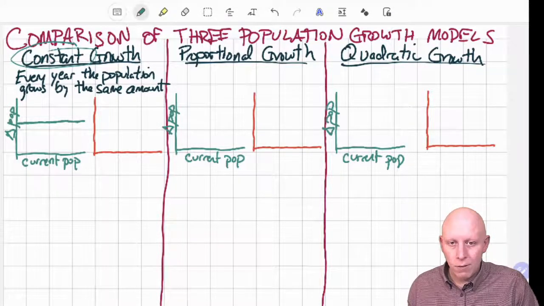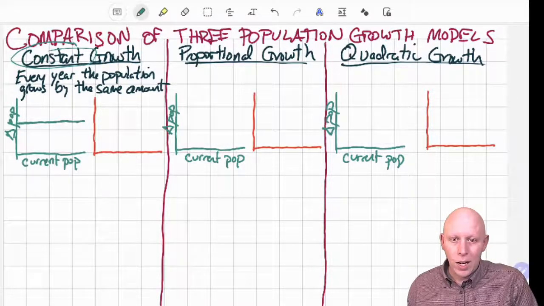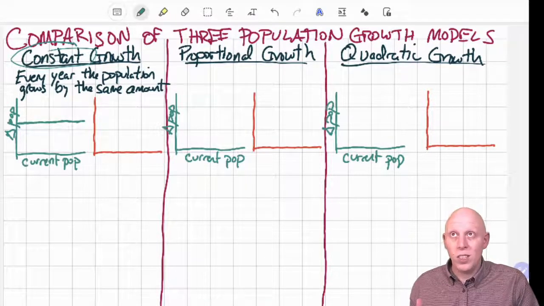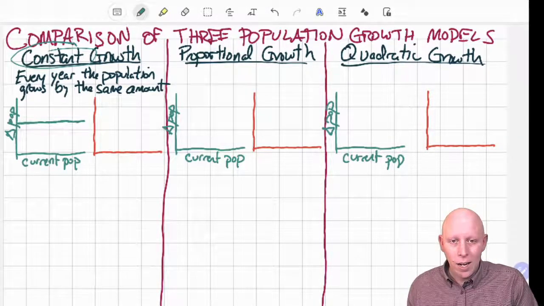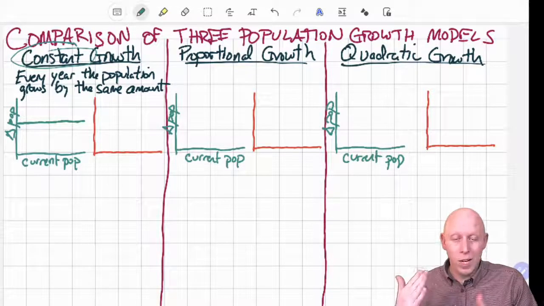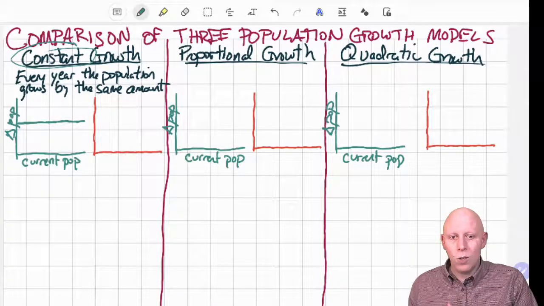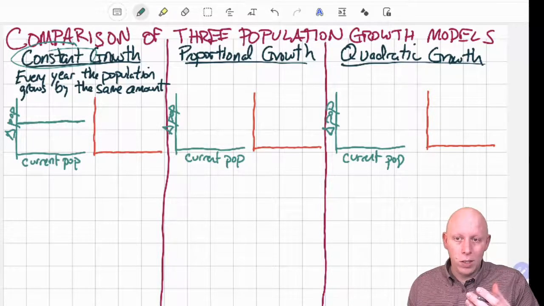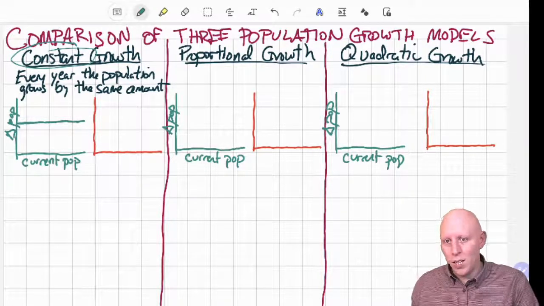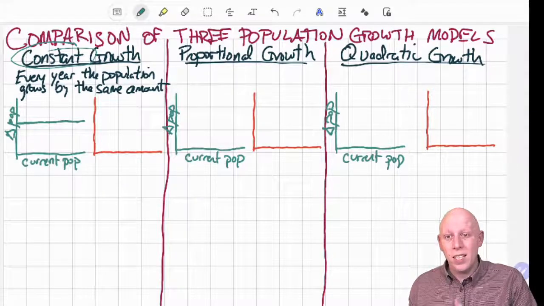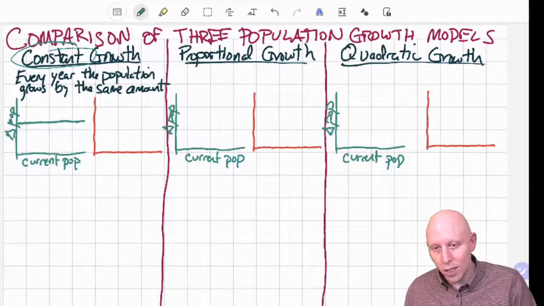It says if the number of people we're adding to the population is 100 every year, it doesn't matter whether we go from 1,000 to 1,100, or from 1,000,000 to 1,100,000. So this horizontal line is saying that no matter what the current population is, the change in the population for the next year is going to be the same.